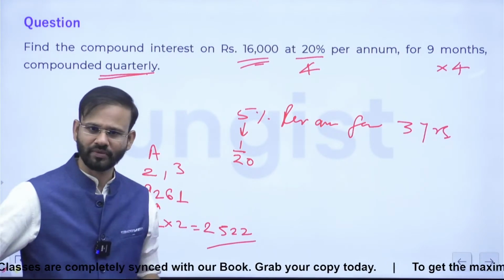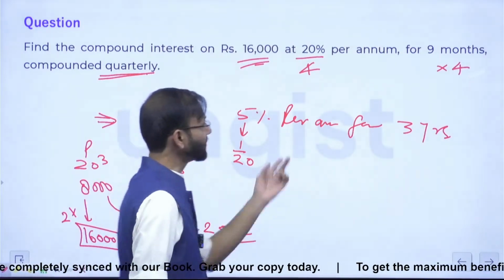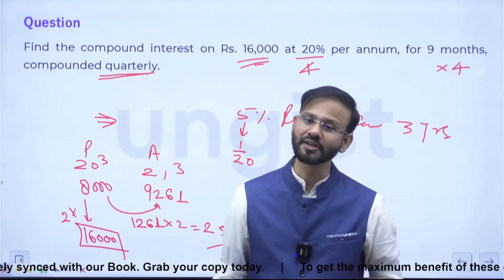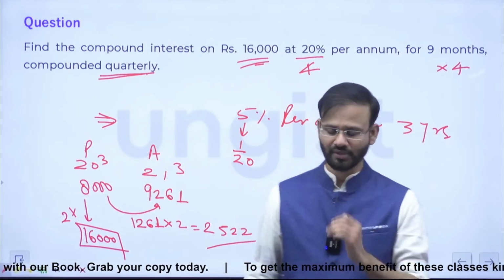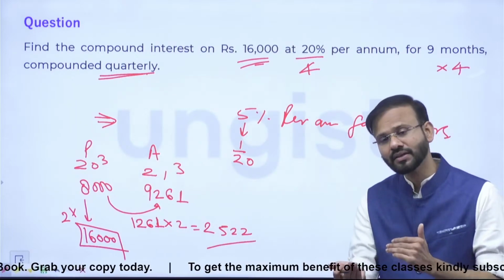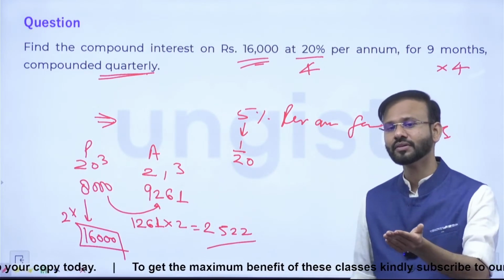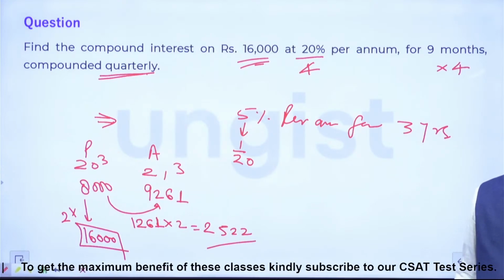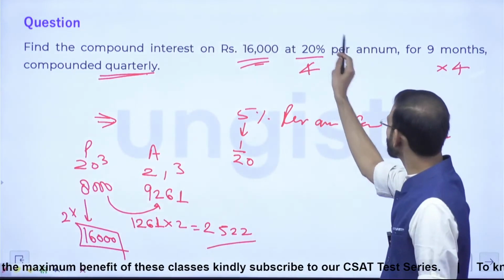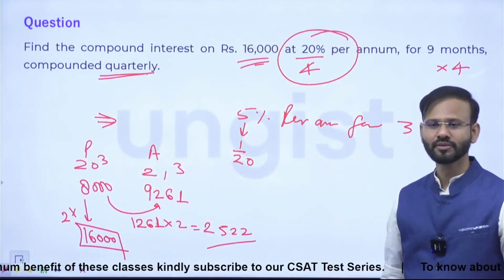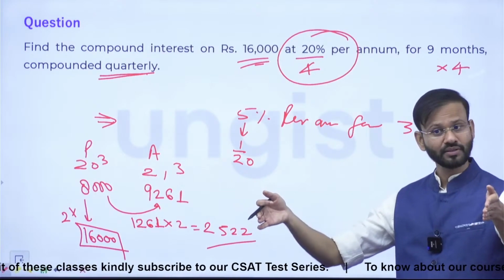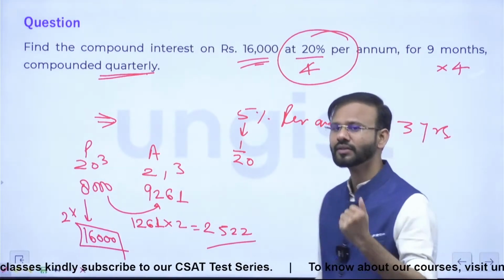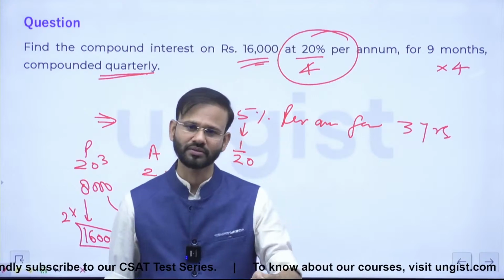What is the problem? See, the thing is, 9 months means what? How many quarters will be there in 9 months? 3 quarters, right? So compounding will be done thrice at the rate of 5% per annum. Right? Why? Because for each quarter, if you talk about the rate of interest, for 12 months the rate of interest is 20. For 3 months it will be 5%. I mean 20 by 4. Right?